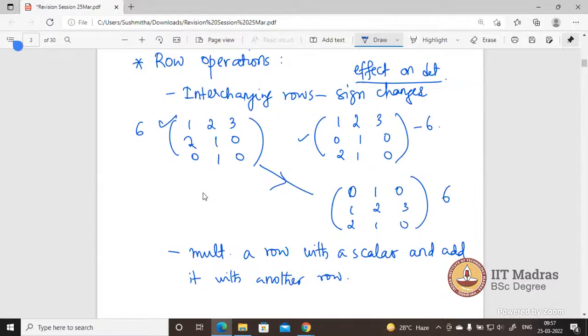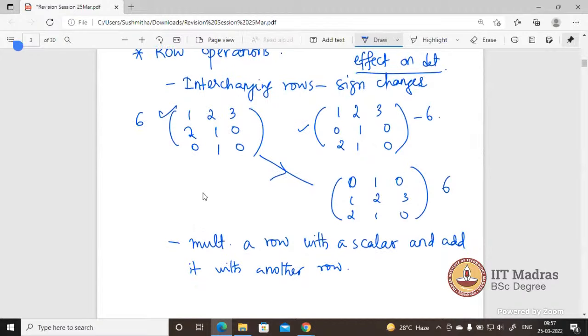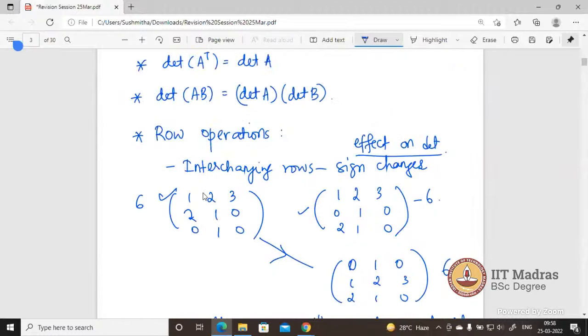Ma'am, if we interchange columns, then the determinant will also be multiplied by -1. Yes, all these that I've written down here are row operations, but it's the same effect for columns as well. You can also define column operations in a similar manner.